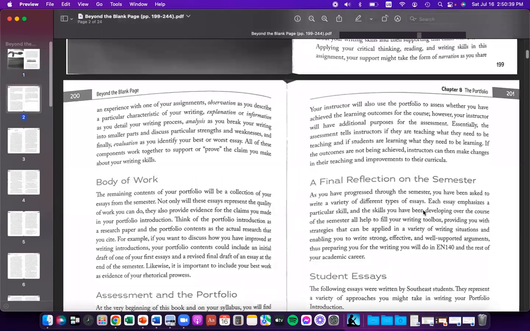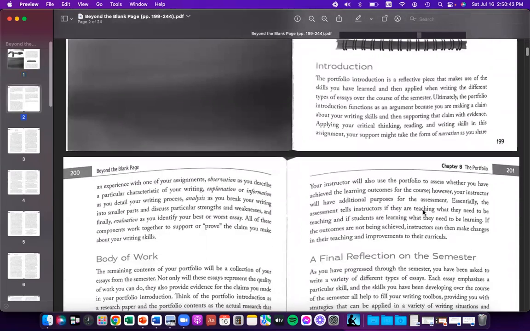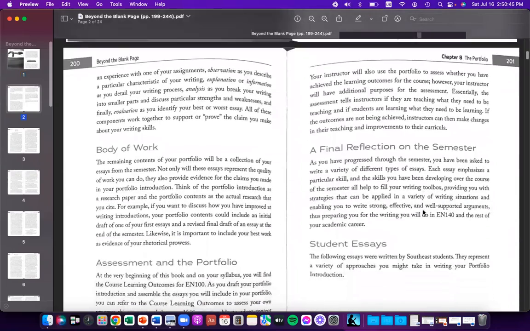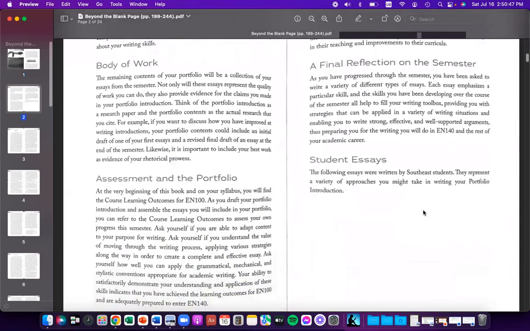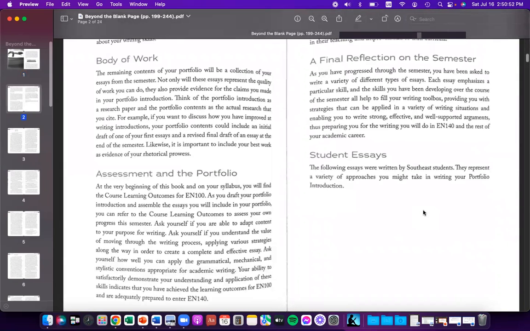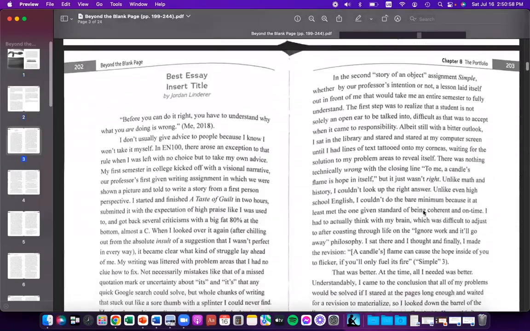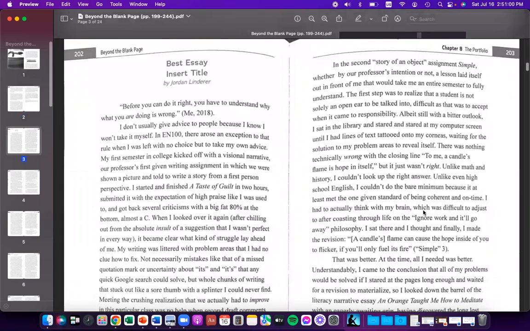With this chapter, like the other chapters you've read for work in progress, you have an introduction to what the portfolio is. In your application practice number 7, I ask you to define what a portfolio is based on these three pages here. And then you get a lot of student examples.